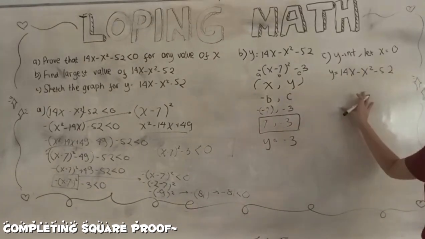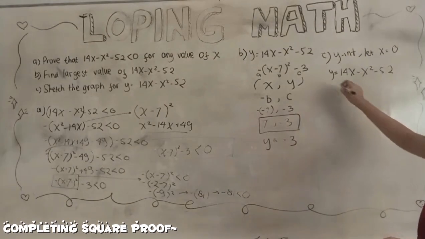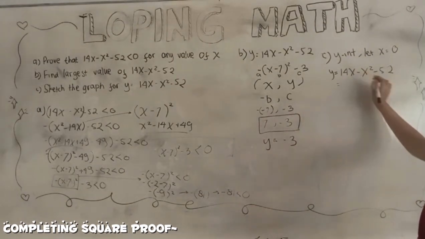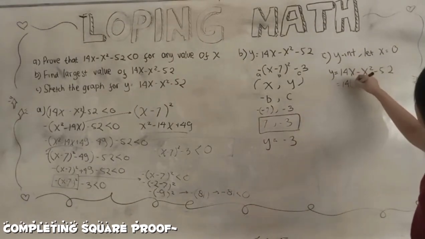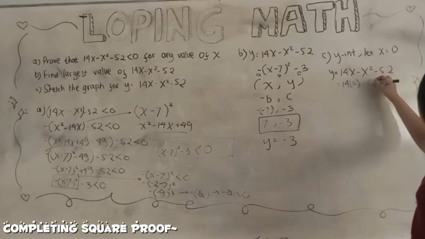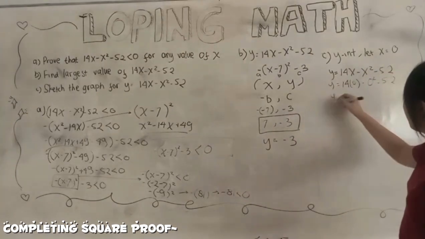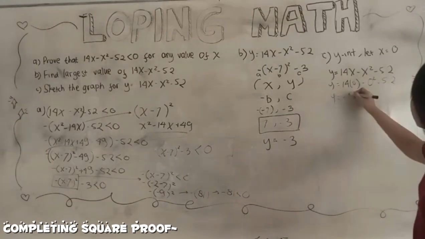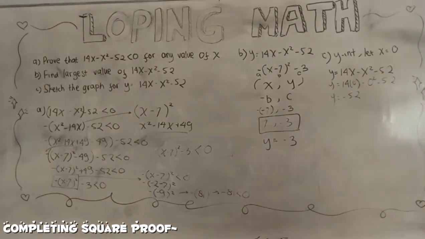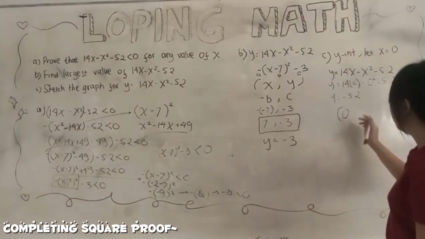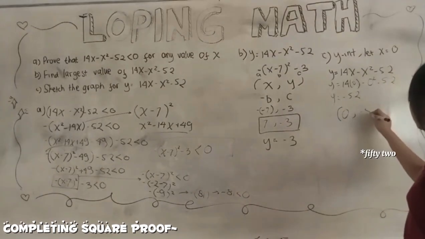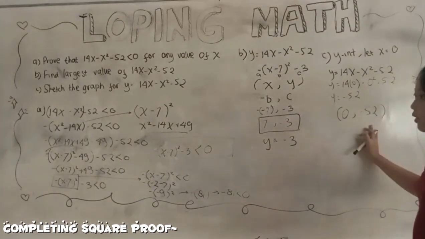Okay, and then we have to substitute the x with 0. So 14 times 0 minus 0 squared minus 52. So y equals minus 52. So the y-intercept at the end will be 0 for the x, and then minus 52 for the y.